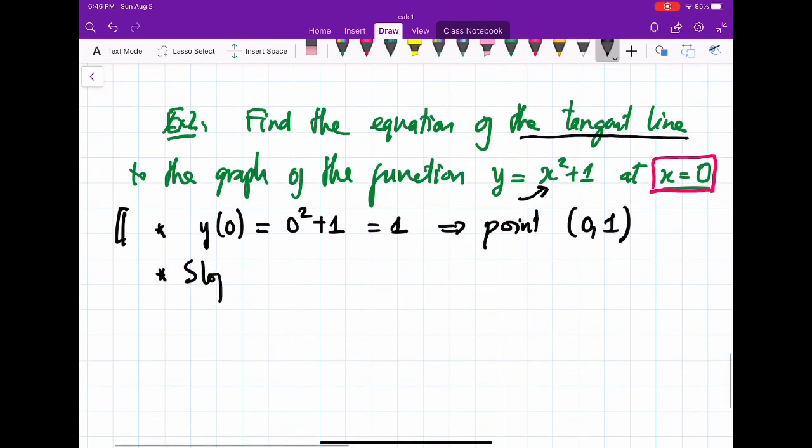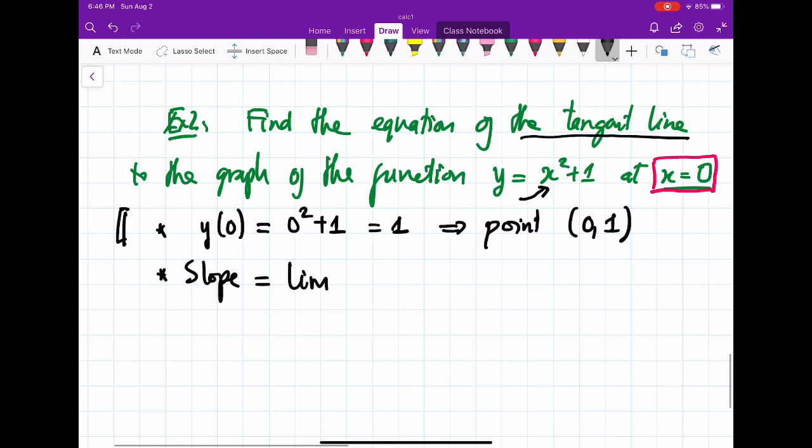We know that the slope is the limit of f of x minus f of 0, over x minus 0 when x approaches 0.